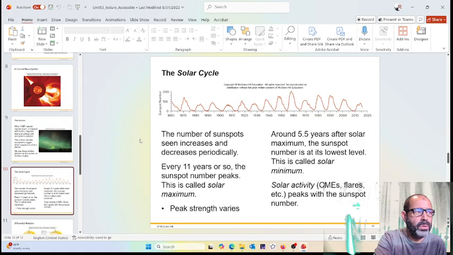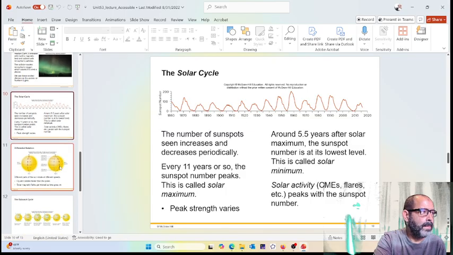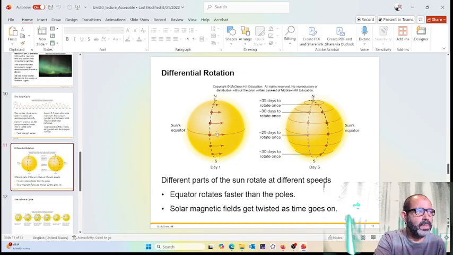So that's a phenomenon that is noted all the way throughout, recorded from the 1800s all the way to now. This is basically what I was talking about early on, and that is because the sun is mainly a gas, so it's not a solid surface like the Earth. So the speed at the equator is faster than the speed near the North Pole.